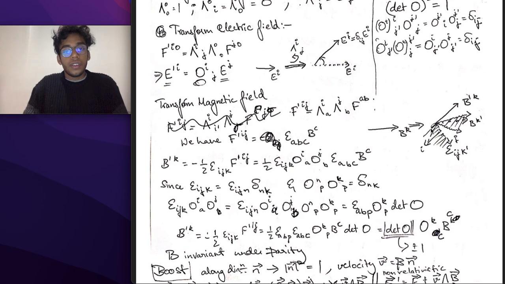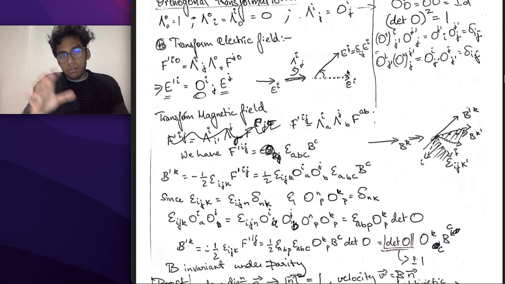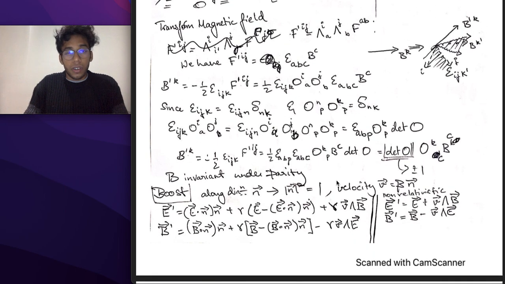So essentially, the magnetic field is called a pseudo vector. Sorry, longitudinal vector. Your electric field is polar and your magnetic field is longitudinal.